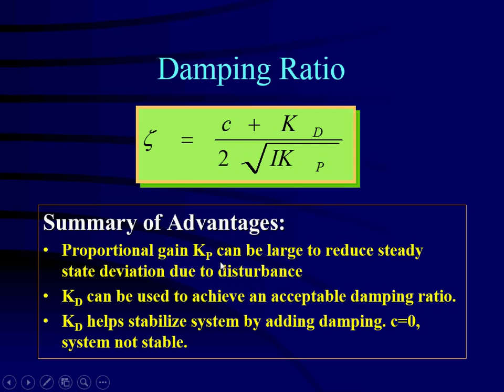So proportional gain can be large to reduce steady state deviation. So translating in other words, if you have a big error, you need big control. Derivative control can be used to achieve an acceptable damping ratio, meaning you introduce dissipation on the system. And then finally, KD helps stabilize the system by adding damping.